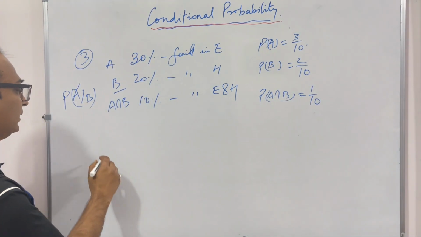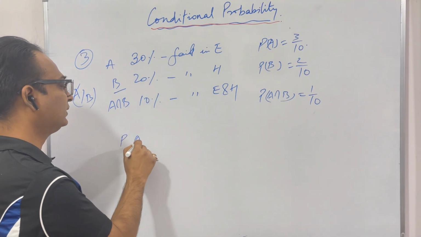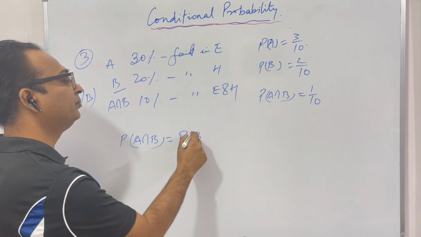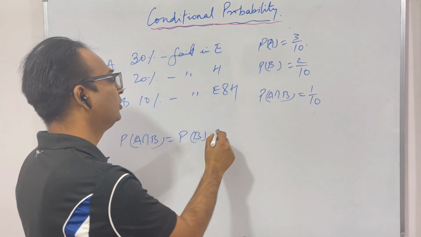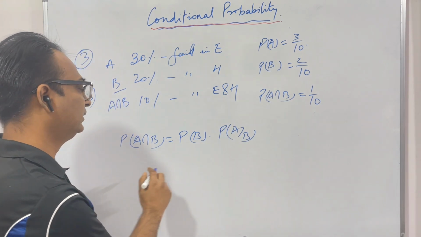Now we know that probability of A intersection B is given by probability of B times probability of A by B. We have to find this.